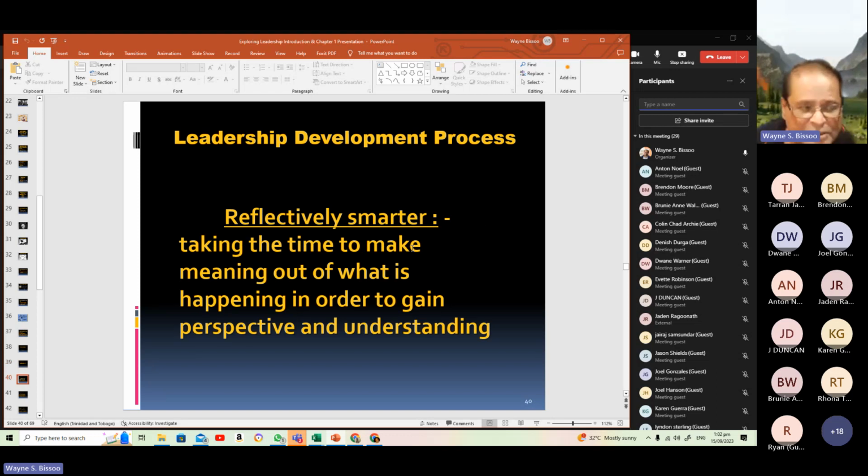Reflectively smarter, this is one that takes time to develop the habit to do, which is periodically we need to be looking backwards and reflecting on what we did in the past, not only in looking at what went wrong, but looking at what we did right, for 2 reasons. One, we want to repeat what we did so that it becomes easily attainable all the time. So whatever we did correctly, we want to repeat that.